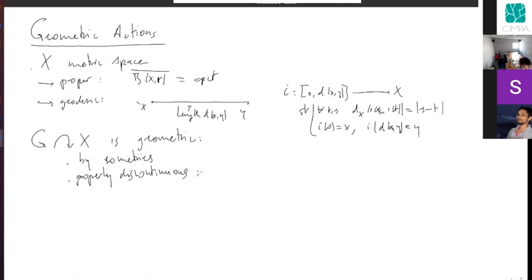This means that each time I pick two compact sets K and L inside my space, like closed balls, because my space is proper, then the set of elements g such that the image of K by g intersects L is finite.